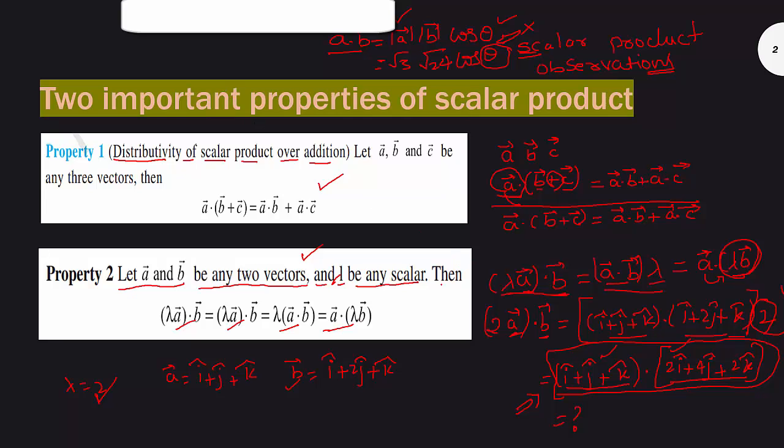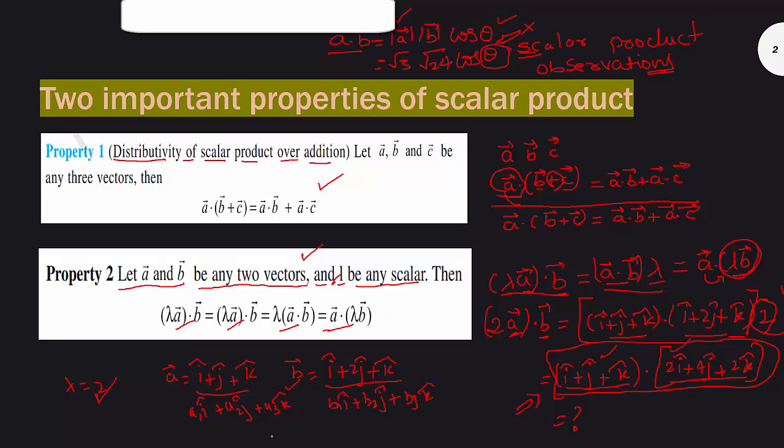So all terms which are previous. In the previous slide you can see we have taken one vector as i cap plus j cap plus k cap, another vector as i cap plus 2j cap plus k cap. Here this is nothing but a1 i cap plus a2 j cap plus a3 k cap, and this is nothing but b1 i cap plus b2 j cap plus b3 k cap.